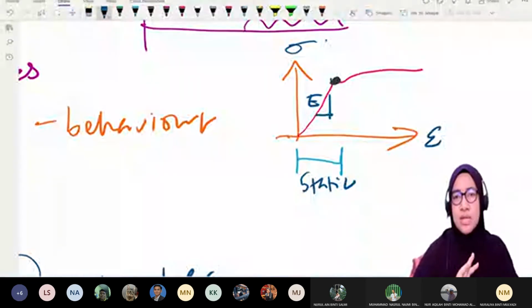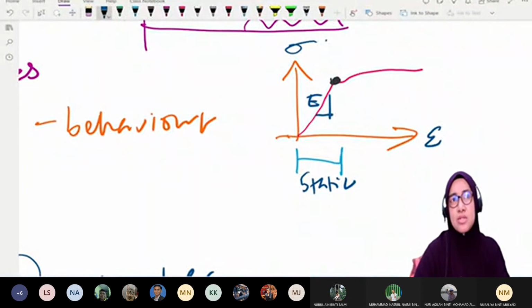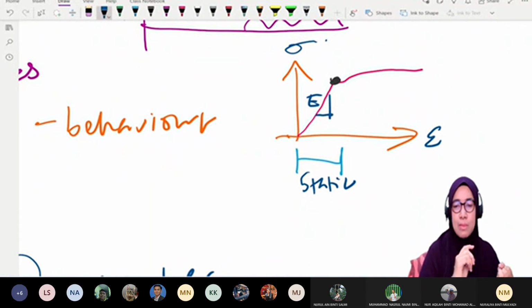So yang ni static analysis. Yang kita discuss dalam degree level ni so far hanya static analysis. In static analysis we apply the equilibrium equation, and there is E that we need to consider whenever we calculate displacement.